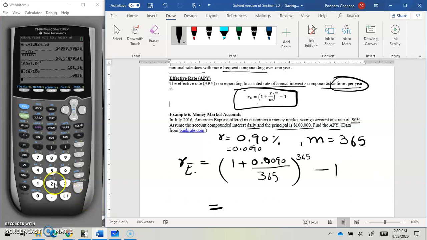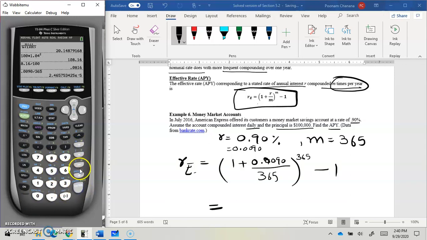So let's see what our effective interest rate comes to be. 0.0090 divided by 365, plus 1, raised to the power 365, gives me this, minus 1.